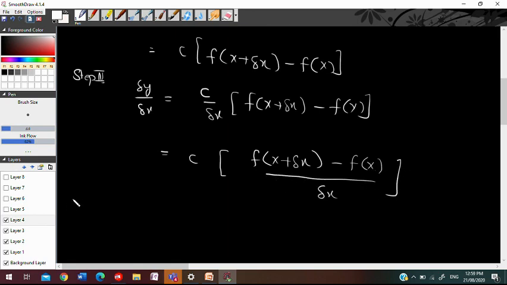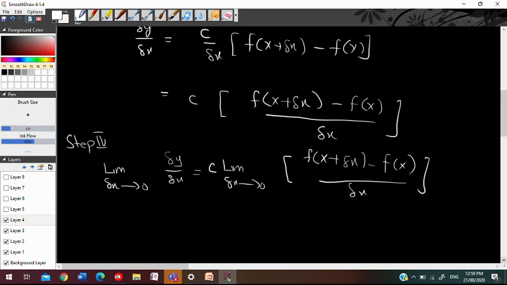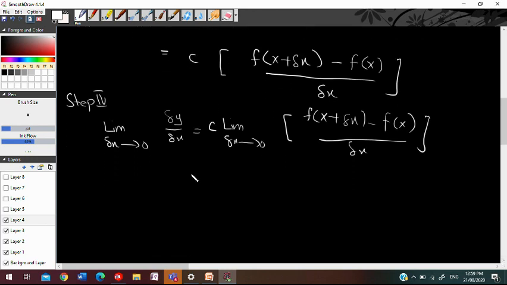Now step 4, we take the limit as del x approaches 0 of del y by del x. We take c outside because it's a constant, and we just apply this limit on the function f of x plus del x minus f of x, whole divided by del x. And if you recall the definition of a derivative, you will see that this whole function is known as f prime of x. So this is the proof for our second theorem.